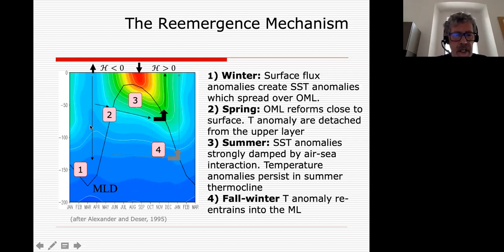One in which you have a strong surface anomaly compared to the standard one that mixes up the water column to, in this case, let's say more than 100 meters.